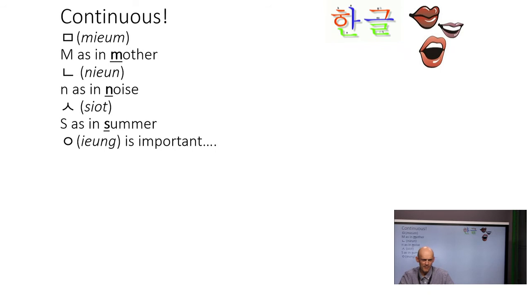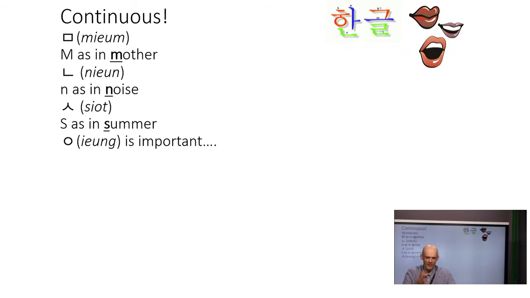You'll notice next to the Korean character, I've put the name of the character, and you'll see that it begins and ends with the same sound of the character. So mieum, and this pronunciation is just as in mother, continuous. Nieun, as in nose.